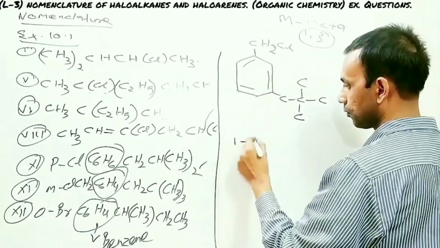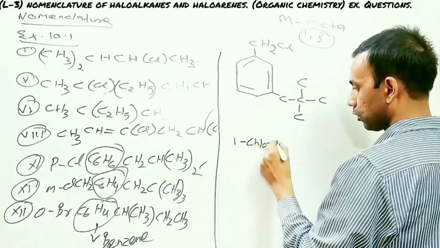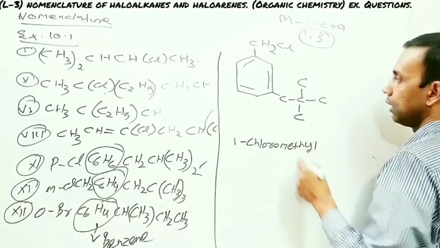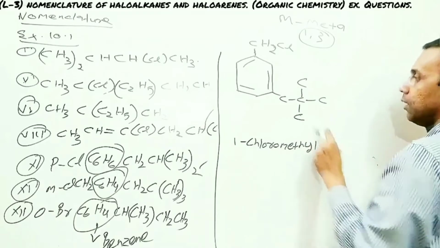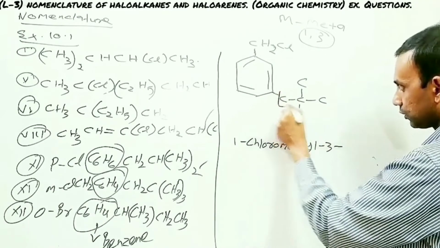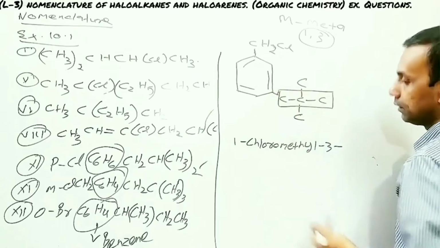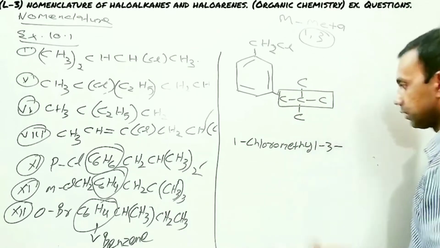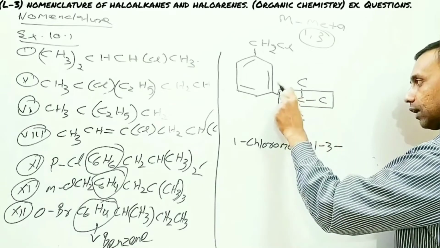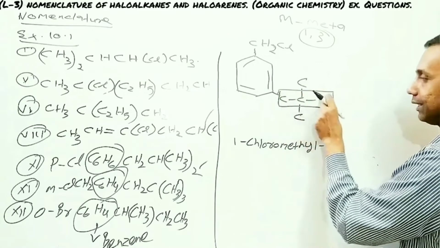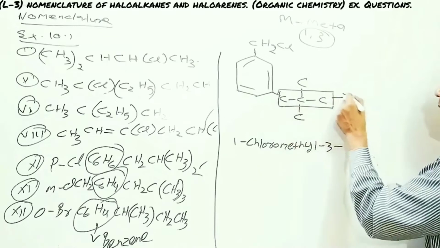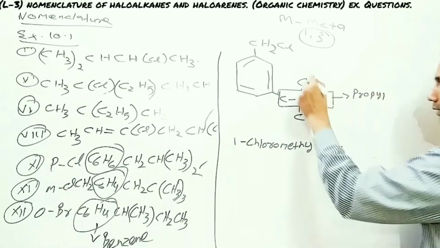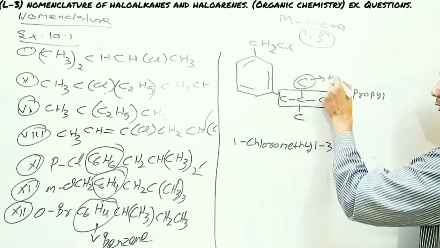So 1 chloromethyl, and then 3. Okay, there is something important. You need to concentrate here. This is really something. If you don't have the basic information, this might trouble you. But let me help you out. So this is again the longest chain here, and this chain has 3 carbons. So this is going to be propyl. And these 2 are going to be methyl.